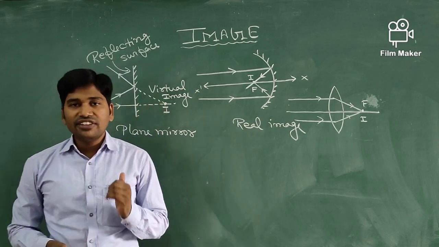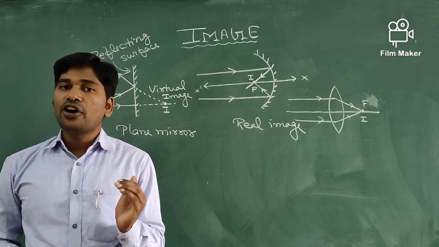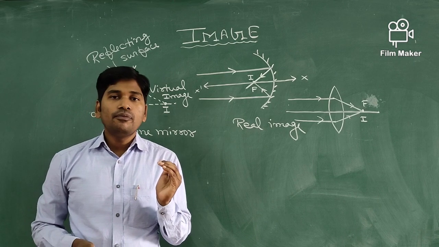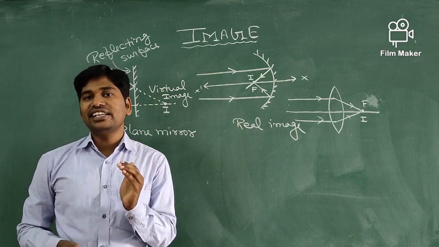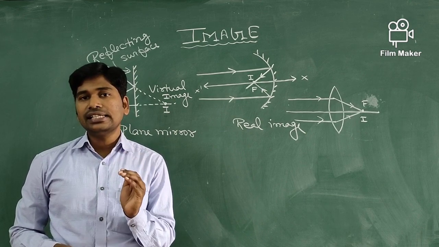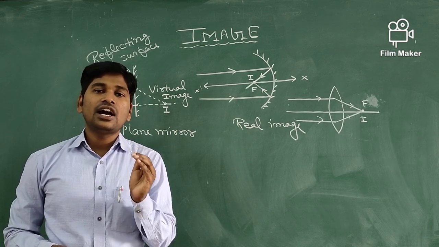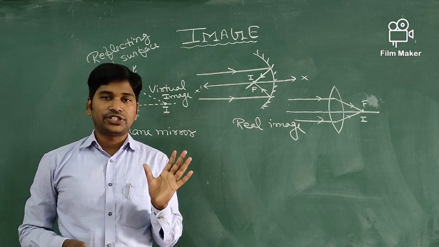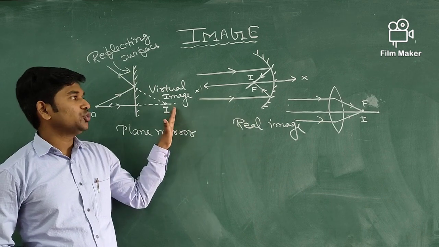So once again I am defining image. Image is formed at a point where reflected rays actually intersect, or from where the reflected rays appear to diverge. This image is of two types, real and virtual.